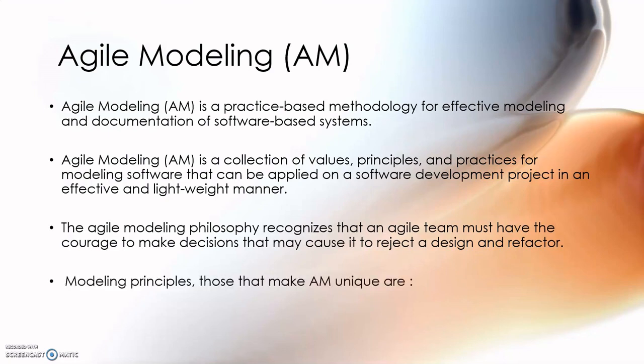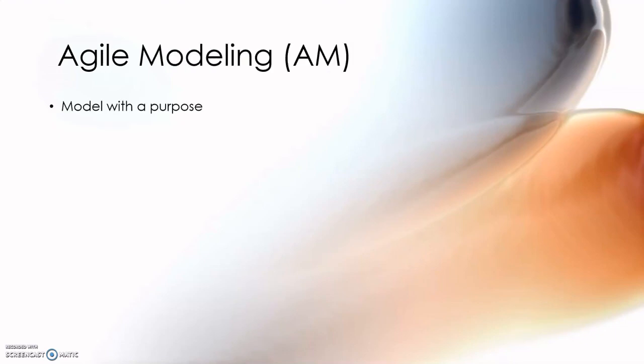The modeling principles that make AM unique are: first one, model with a purpose. A developer who uses AM should have a specific goal in mind before creating the model. Then use multiple models.